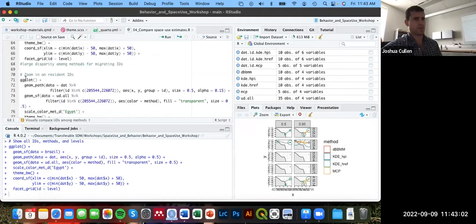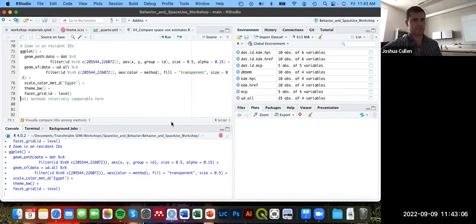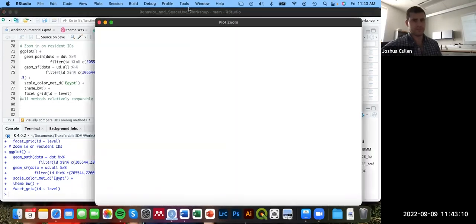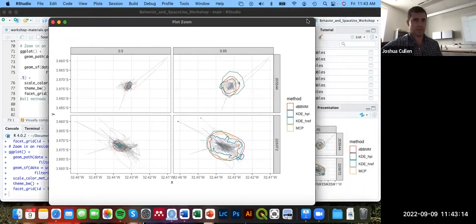So let's zoom in on some of these resident individuals to see what's actually happening there. So again, the columns are the 50% and 95% contours, and the rows here are those 2 resident individual IDs, and the color codes remain the same.